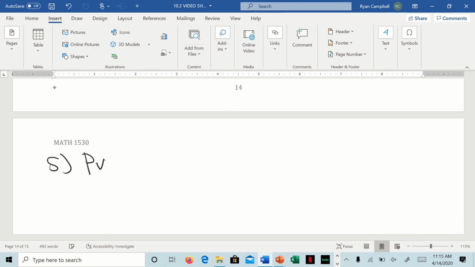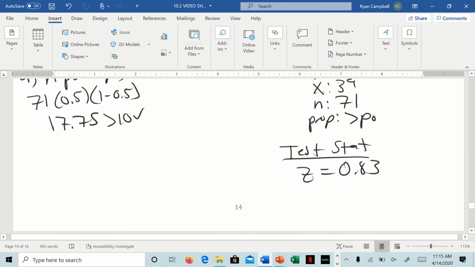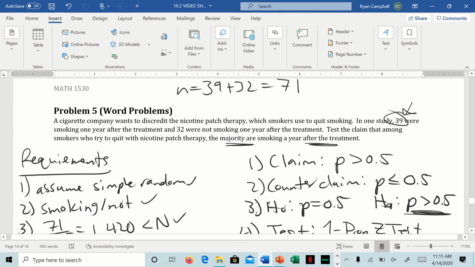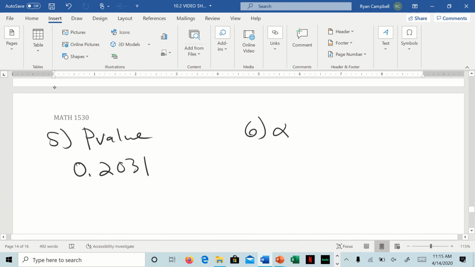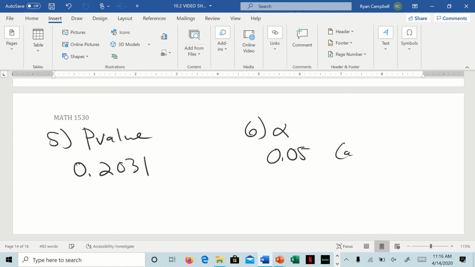Step 5, p-value. So our p-value should also tell us that it's 0.2031. Step 6, significance level. So again, this time it did not tell us a significance level. So what do we assume it to be? 0.05.